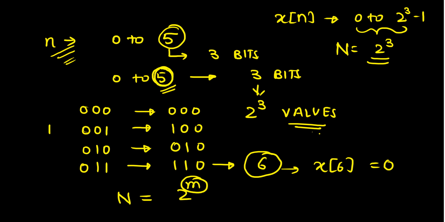So now if we are given a signal of a certain length, for example, the example that we had considered was n ranging from 0 to 5 for this x of n, so the length of this signal is basically 6, and we need to find the number of bits required.